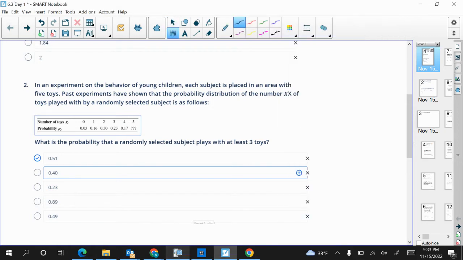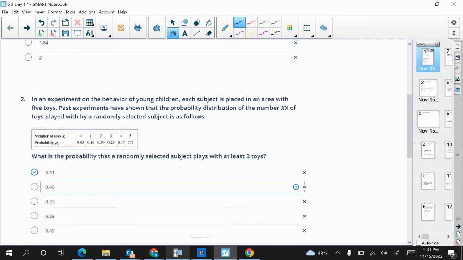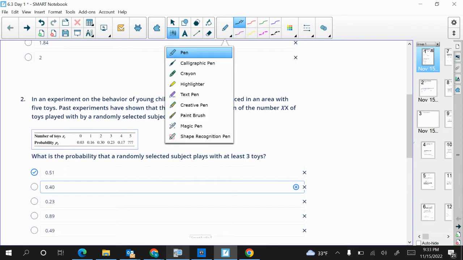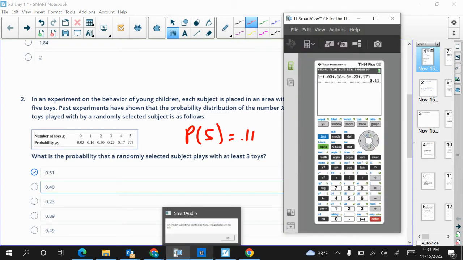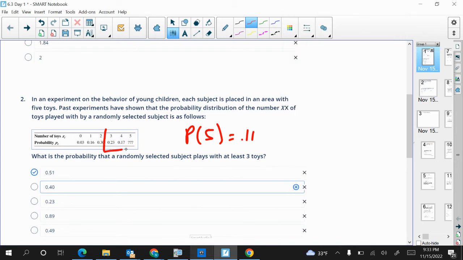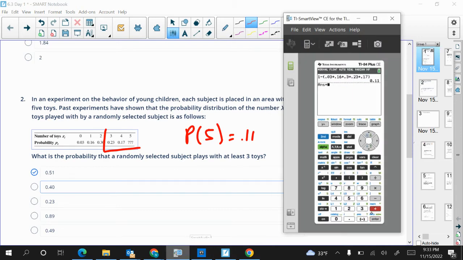So 5 is 0.11. So now at least 3, that is going to be 3 or more. So 0.11 plus 0.17 plus 0.23. And that is 0.51, which is the correct answer there.